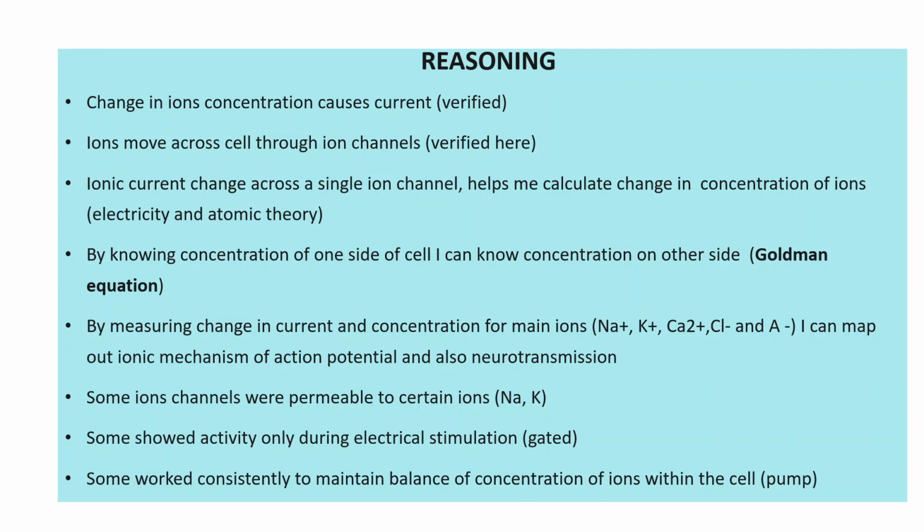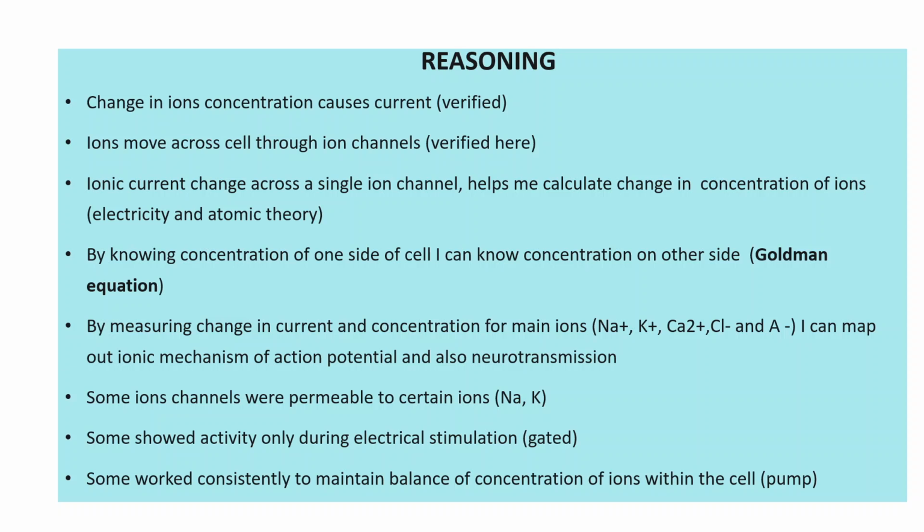Because if I know the charge of an individual ion, and I know how much total charge is there, I can calculate how many ions are in a solution. Yep, makes sense. Okay, and we use a certain equation, the Goldman equation, to know if there is a certain charge on one side of the cell, how much charge will be on the other side. Cool.